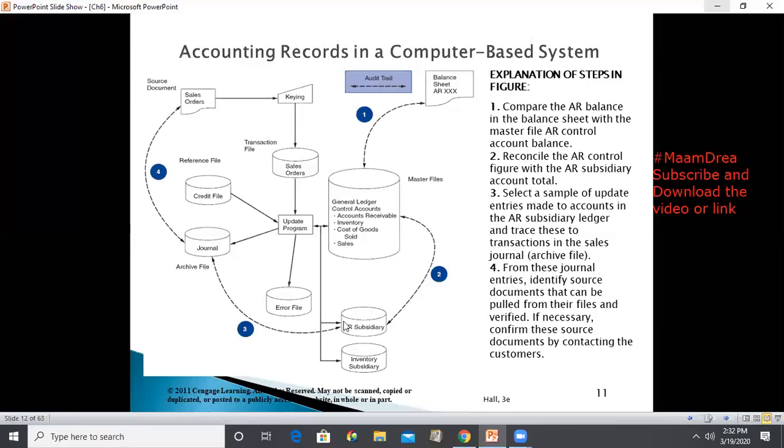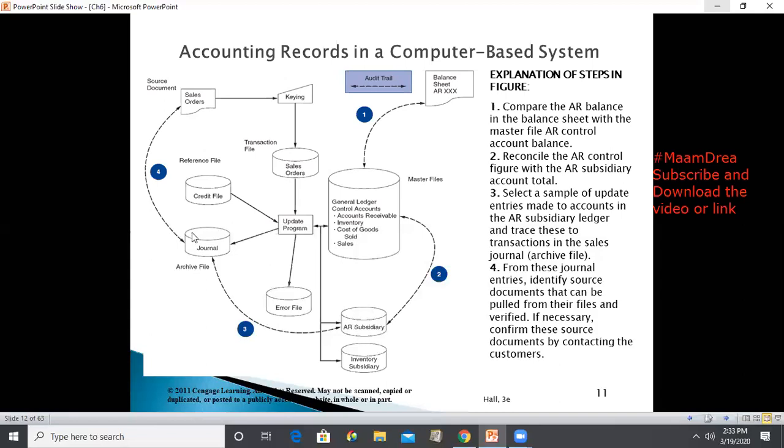From that listed transaction, we select a sample of update entries made to the accounts in the AR subsidiary ledgers and trace this back to the transactions in the sales journal or archive file. From these journal entries, we're now able to identify some of the particulars and trace back all the physical source documents we can pull from the files and then verify them.